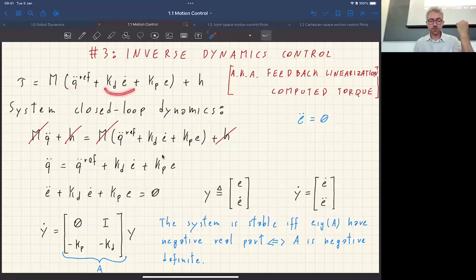You're going to sum to that two feedback terms, one proportional to the error, Kp e, and one proportional to the derivative of the error, Kd times e dot. Then you take this quantity, which is basically an acceleration, scale it by the mass matrix of the robot, and sum to that all the nonlinear effects. So inside h, if you remember, there are the gravity terms, Coriolis, and centrifugal terms.